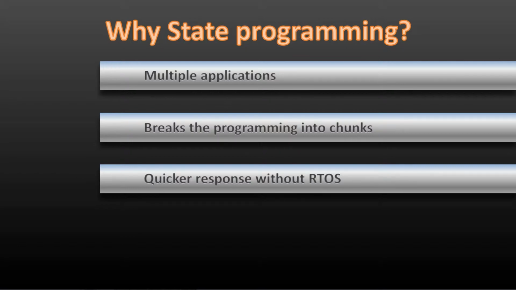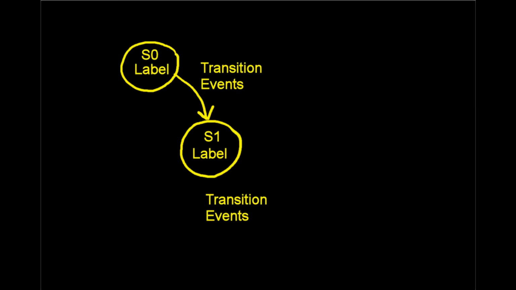Now let's take a look at what they look like. Graphically, our state diagrams look like this. We have a state here, and this state tells us something about the operation of our application, what it's supposed to be doing.